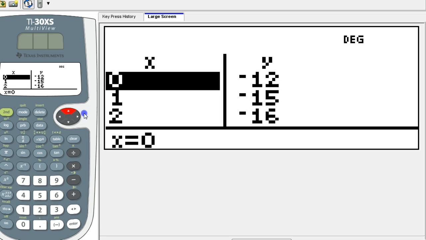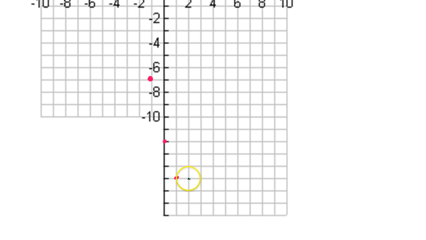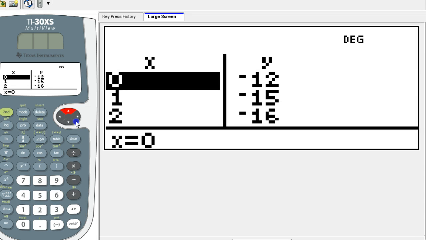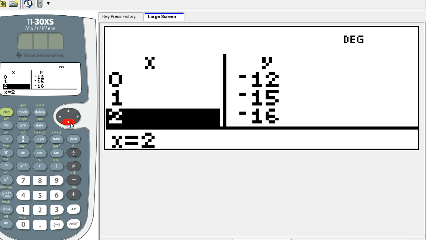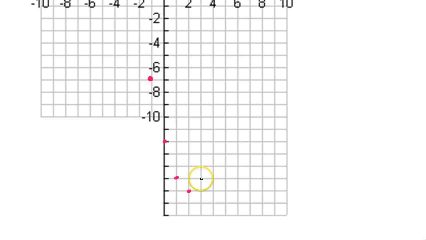And then at 2 we're at -16. And then after that it starts to come back up. So at 3 we're at -15 again, and then we can start following the pattern.